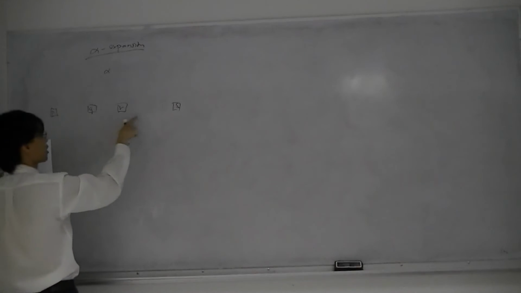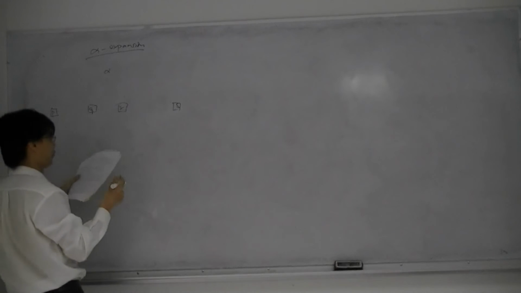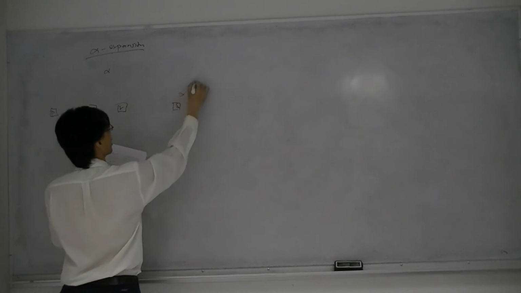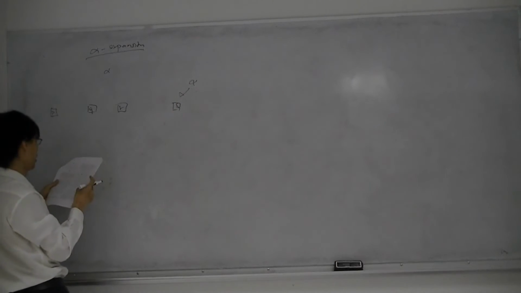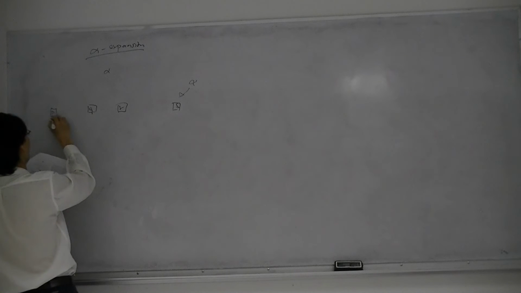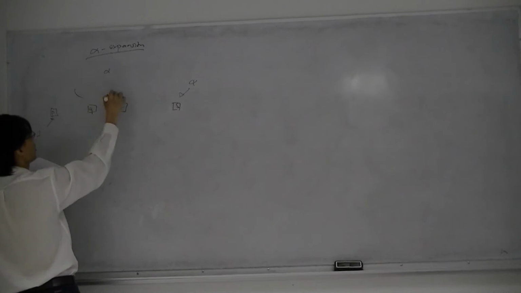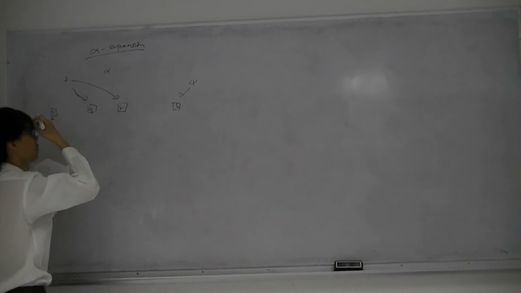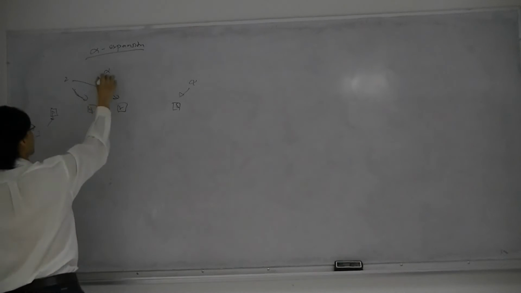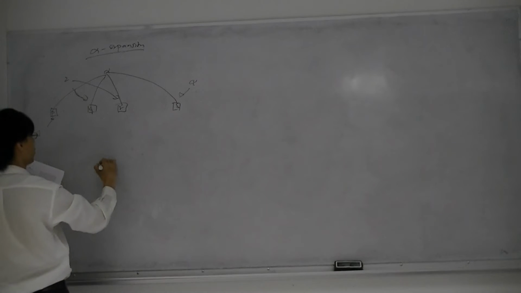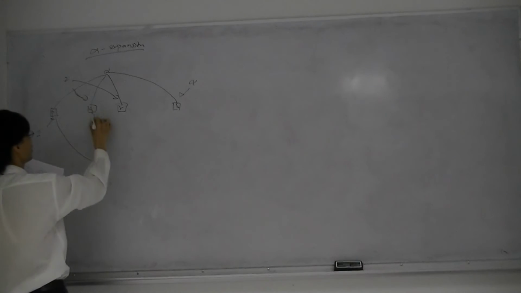So these squares are pixels, and let's say originally this is labeled as alpha, this is labeled as 1, and this is labeled as 2 here. Again, I have some edges going from this alpha node, and some edges from these beta nodes here.